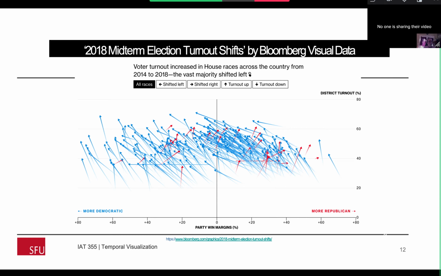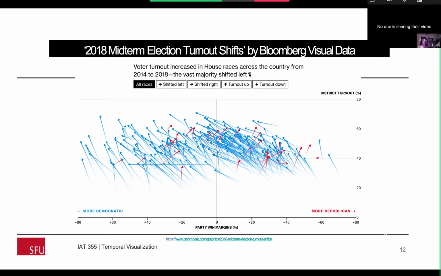You can see that the overall trend here is a shift somewhat towards more Democratic voting over that time. There's also an interactive filter on this where you can select only those that have shifted left, shifted right, and also where turnout has increased or decreased.